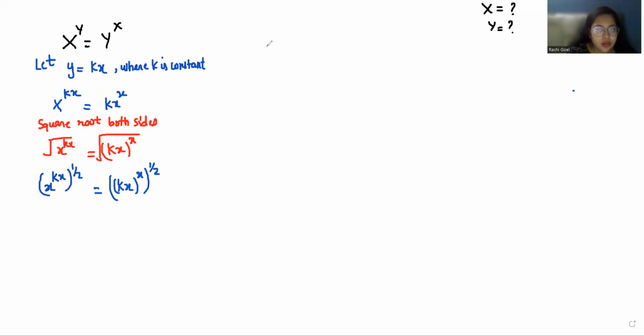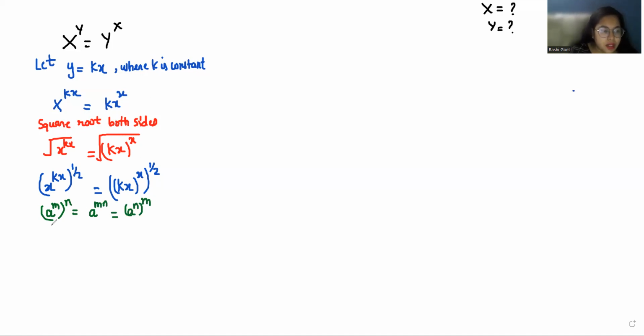Now, another exponent rule: a power m power n, we can write as a power mn. So I'm going to use this rule here.